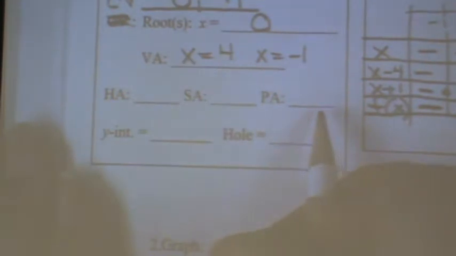Now, your graph will have one of these. It can't be bottom heavy and top heavy. Horizontal means bottom heavy. Slant and parabolic mean top heavy. So you're only going to have one of these. Don't be giving me both of these. Decide, is this a bottom heavy or a top heavy?